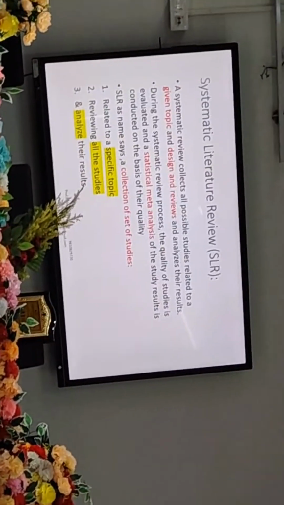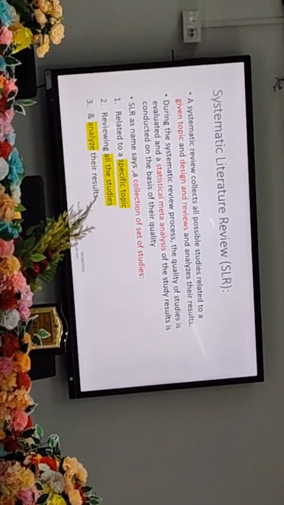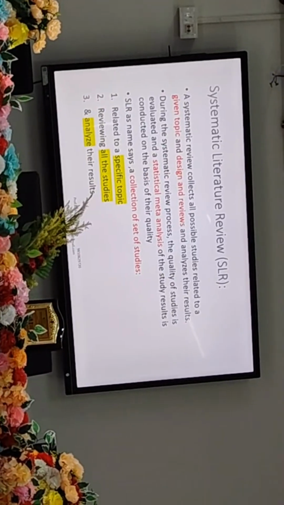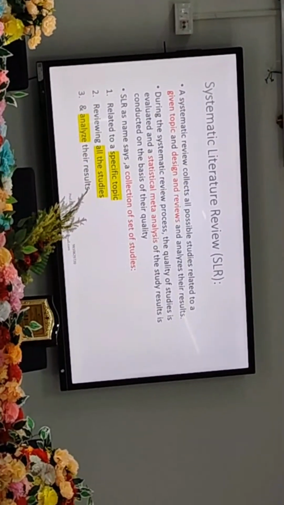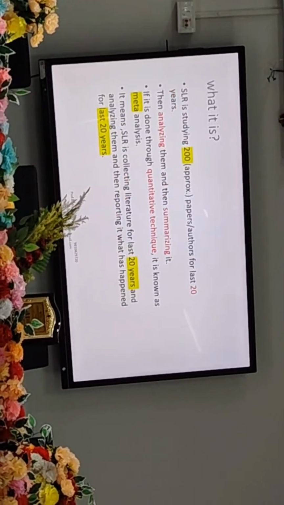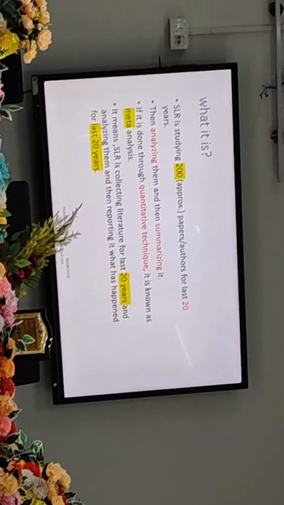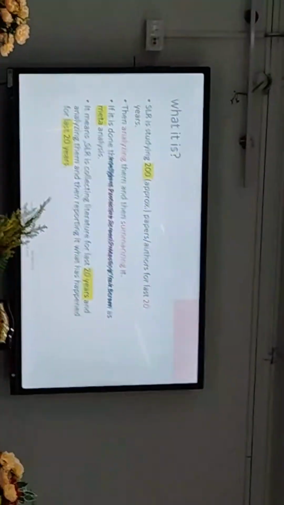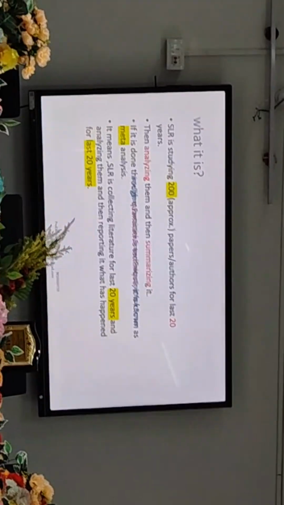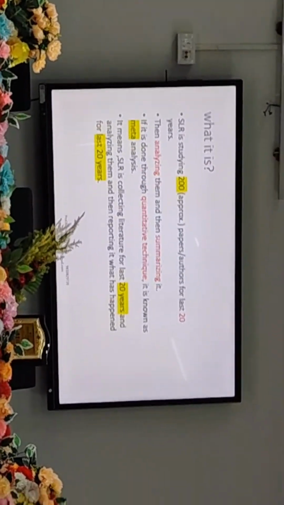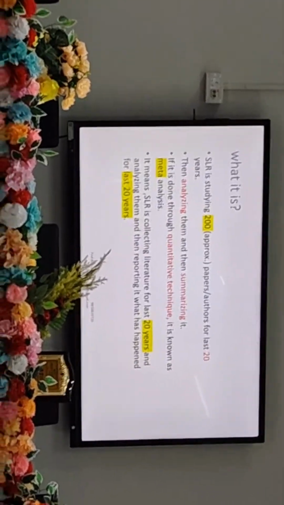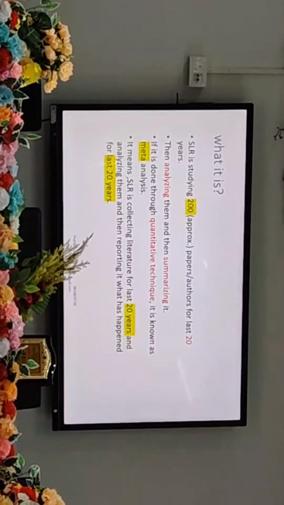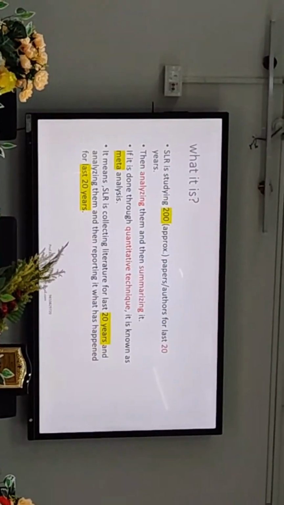Either it is from a conference or seminar proceeding, whatever is available, you have to study and analyze their results. Right? The protocol says that SLR means at least 200 article units to be reviewed over the last 20 years. This is the first definition of SLR. Then you have to analyze it, then you have to summarize it.